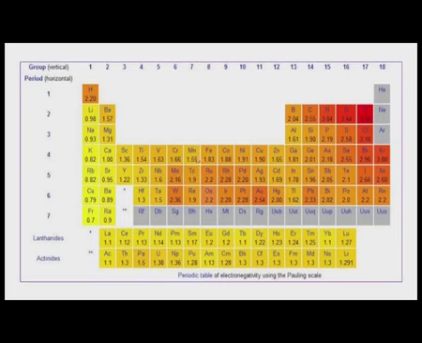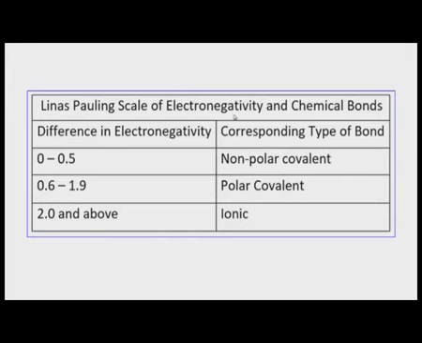So, based on this Pauling scale, let us consider what differences we get. Pauling scale electronegativity can tell us a little bit about the corresponding chemical bonds. Okay. So, there is the difference in electronegativity.